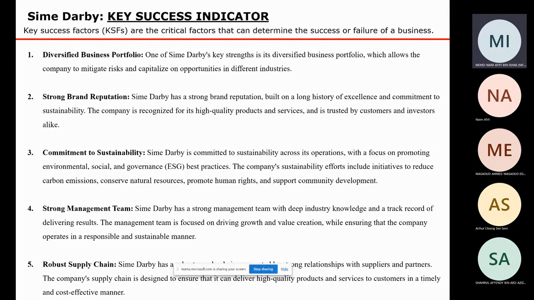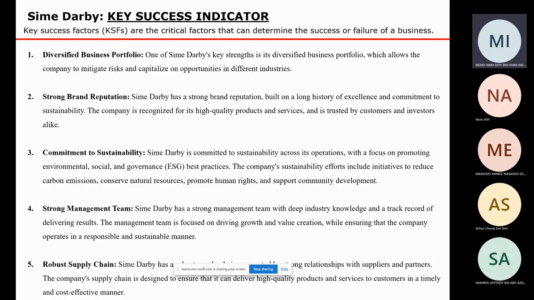Due to the historical growth, they have been growing continuously, and they are familiar to customers and investors. Number three is about sustainability. They are very focused on promoting ESG.